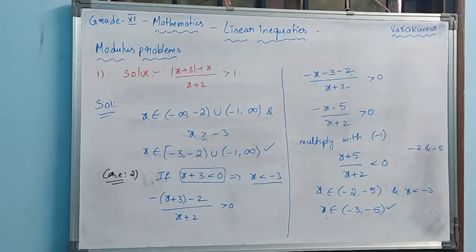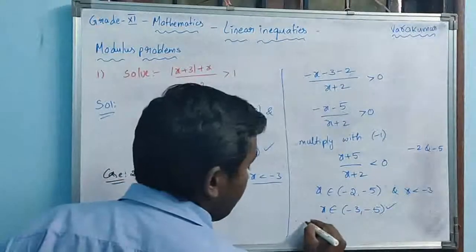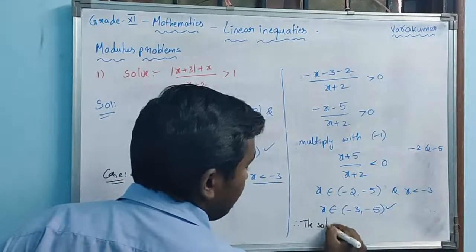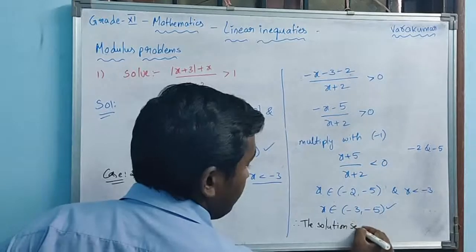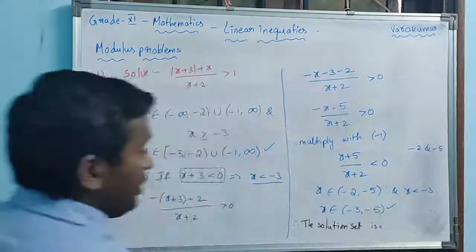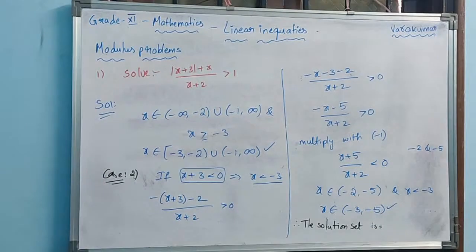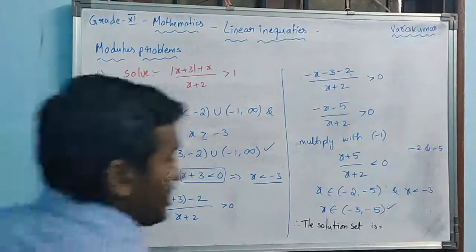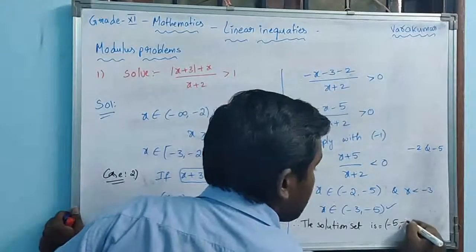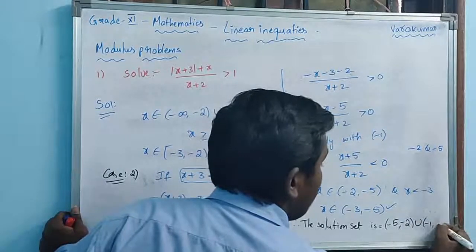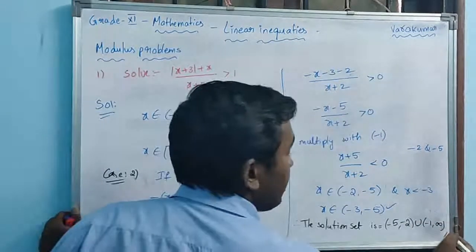Therefore, the solution set is [-3, -2) union (-1, infinity) from case 1, and (-5, -3) from case 2. Together, we can write x belongs to (-5, -2) union (-1, infinity). This completes the solution.